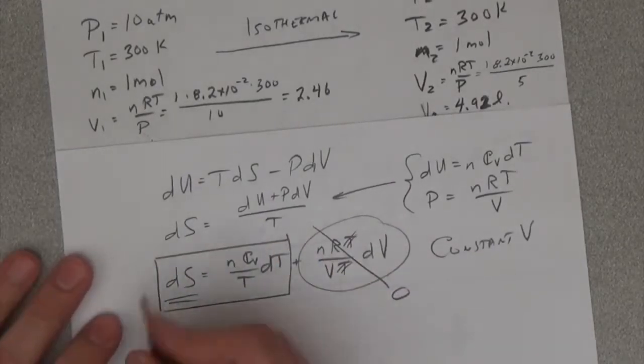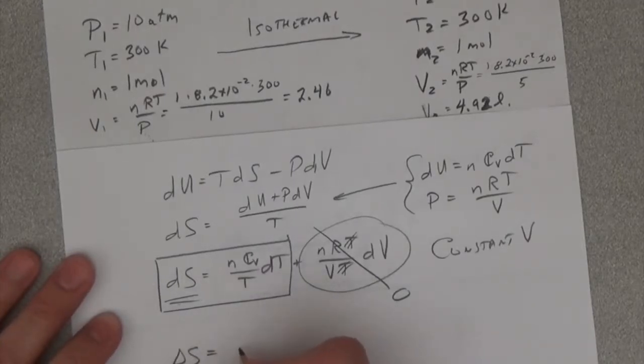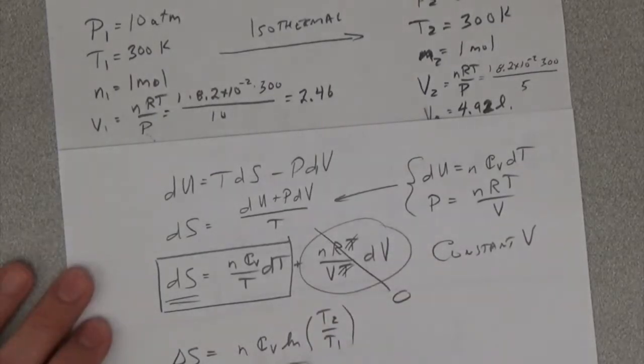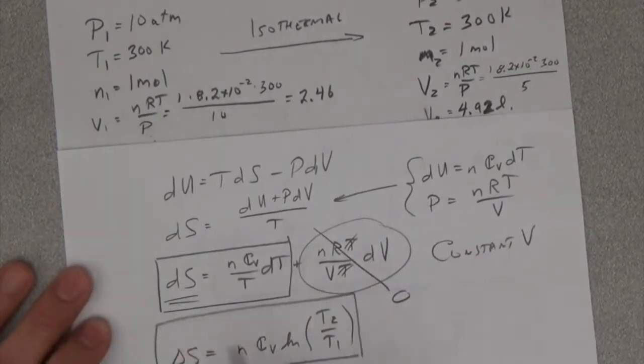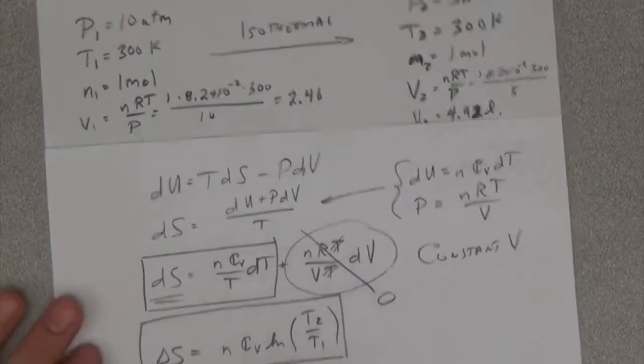So integrating that, we get delta S is equal to n Cv natural log T2 over T1. And this is a constant volume process.